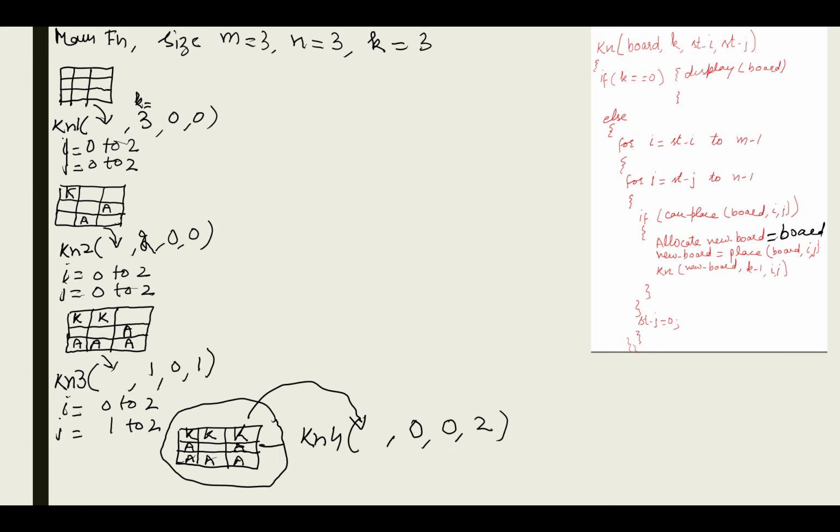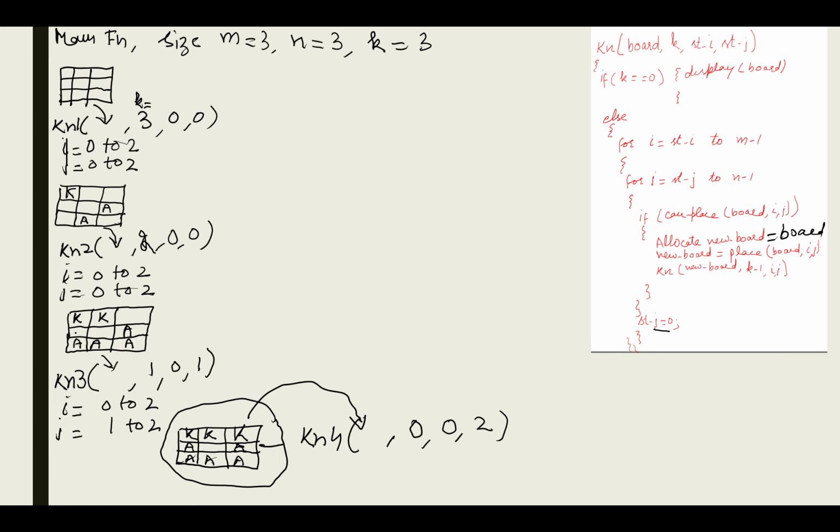It returns back to kn3. Now kn3, which in the previous case generated this board, the loop starts again. The j loop ends because it went from 0 to 2, now the i loop increments, i becomes 1 and j becomes 0. We are making j 0 here so that whenever i has to be incremented, before that we make j 0.